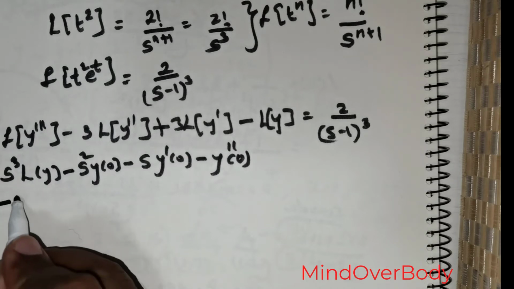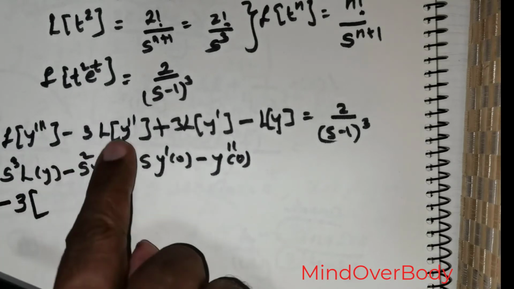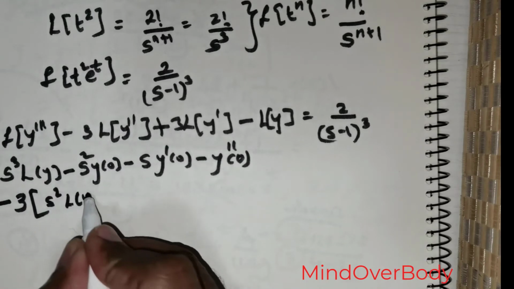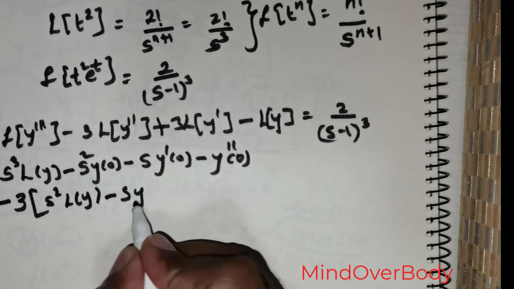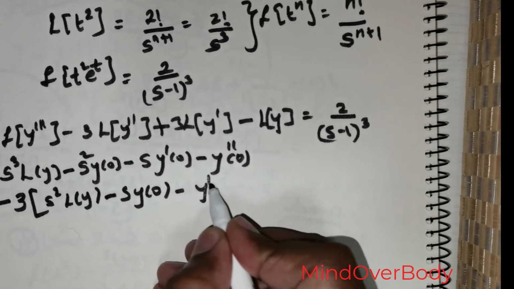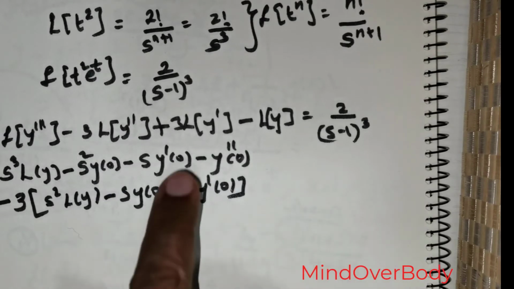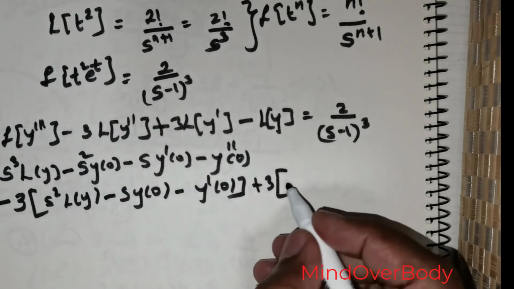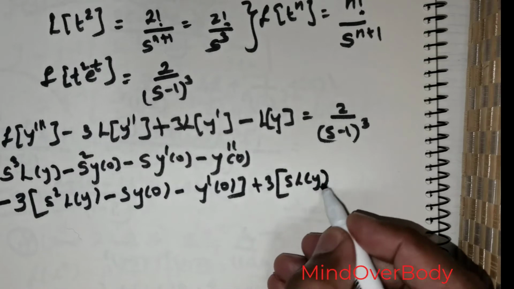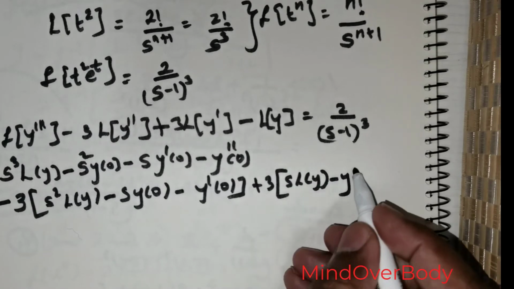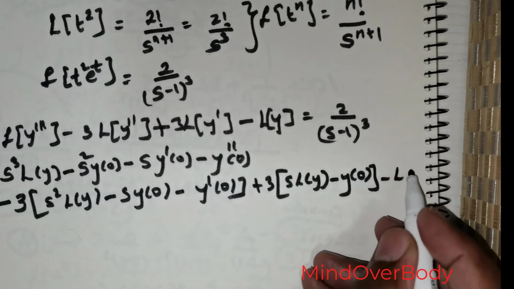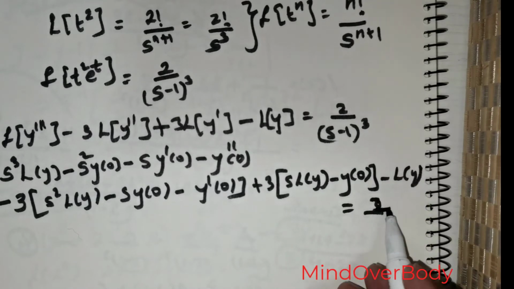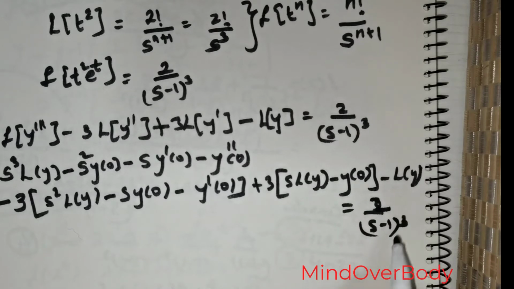Now followed by minus 3 times L of y double dash, that's going to be s squared L of y minus s times y of 0 minus y dash of 0, followed by 3 times L of y dash, that's going to be s times L of y minus y of 0, followed by L of y. Of course this is equal to 2 divided by (s minus 1) raised to the power of 3.